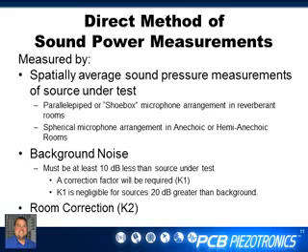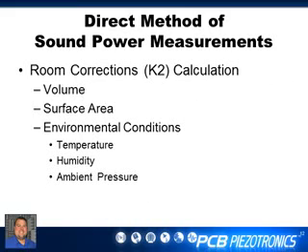So there's one more correction factor, the K2 correction factor, and this takes into account the volume of the room, the surface area of the room, and the environmental conditions. So these are those numbers that are hidden either in the C of the equation from before, or the big log S0 times P0 divided by rho C in the other equation for the free field method.